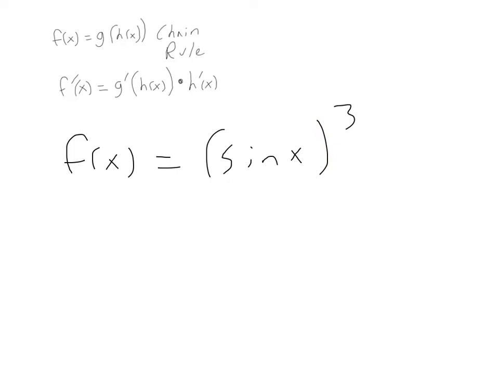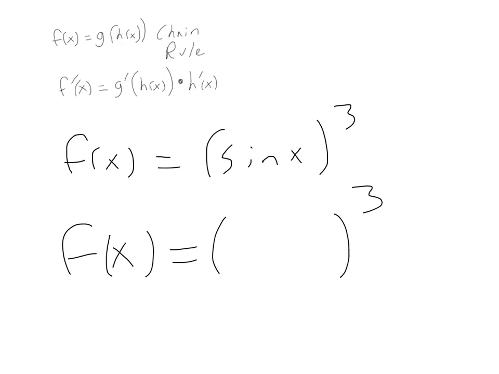So here you can see what I mean by one equation inside of another equation. The h of x equation is sine of x, and that's inside g of x, where the outside equation is really parentheses cubed.